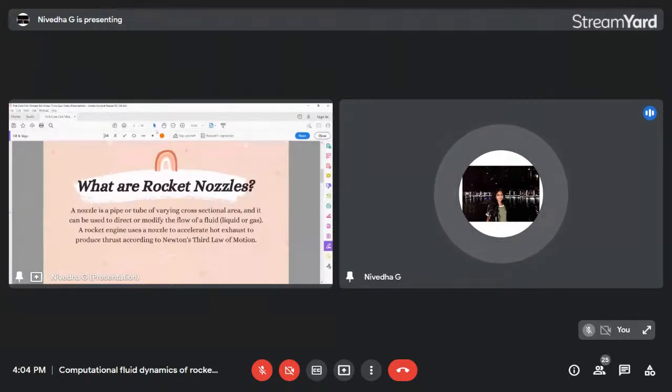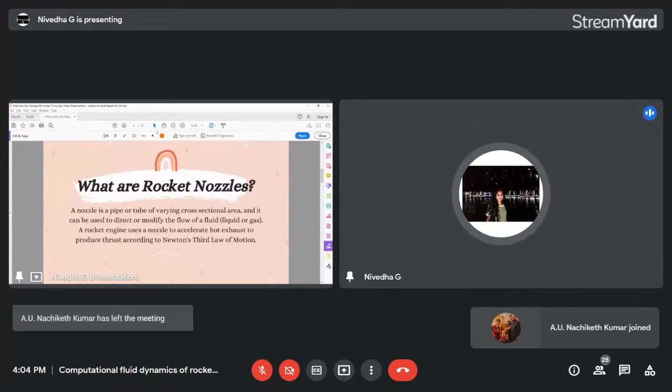Thus, the basic working of the rocket nozzle goes like this. We have two sections in a nozzle: firstly, convergent and a divergent. Both are connected through a portion called a throat. We will come to that topic on what should be the throat, how it will be, etc. later.